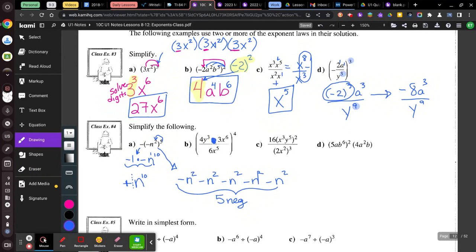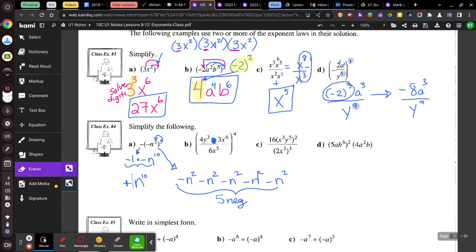Which makes our answer positive, because you get a negative times a negative. Okay, does everybody see where you get that 5 negatives from? Okay, so be careful, because it caught me there. So be careful with those. If you have to, write it out so you know how many negatives there are. Okay. All right. I'm going to erase that.